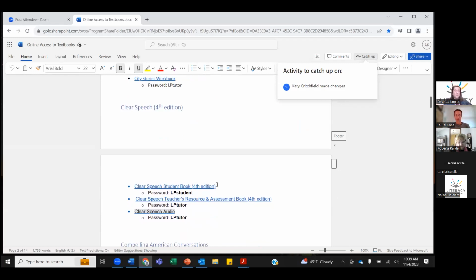If you need a physical example of the book, you can talk to one of your area coordinators. They could probably get you one if you'd like to use this with your student. And so you can see that the student book, the instructor book, and the audio files for all of the practice activities are here on this online access to textbook document.